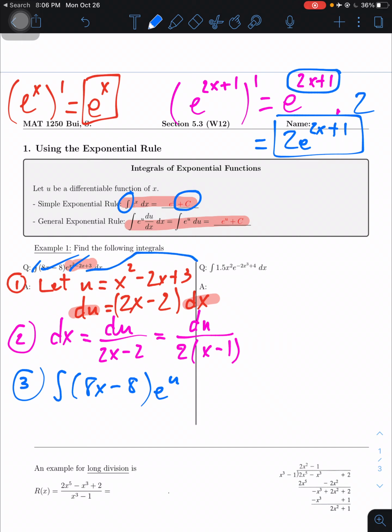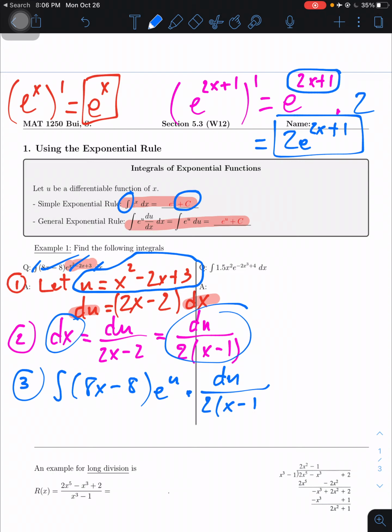Because my u in here equals that whole ugly power, x squared minus 2x plus 3, right? And lastly, for dx, I have du divided by 2 times x minus 1, right? So I multiply it by du divided by 2 times x minus 1 like this.